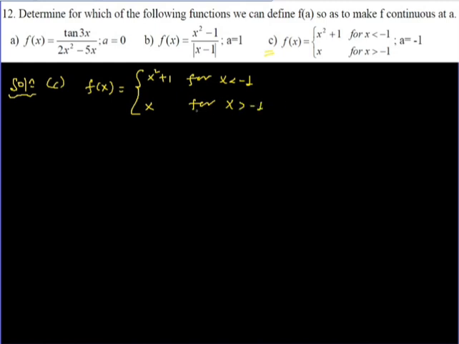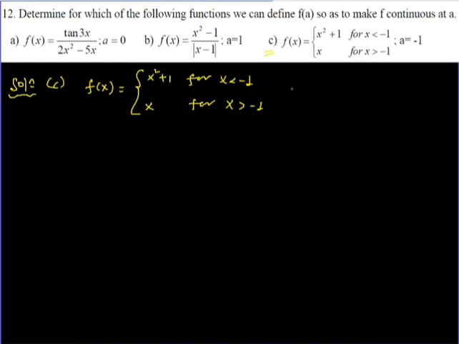Now let's see the C part. Okay, in C part, the function f is defined into two different pieces. The first piece is x squared plus 1. This works for x less than minus 1, and it becomes x for x greater than minus 1. Okay, so there is no way for this function to be defined at minus 1. So this function is defined for x less than minus 1 or for x greater than minus 1.